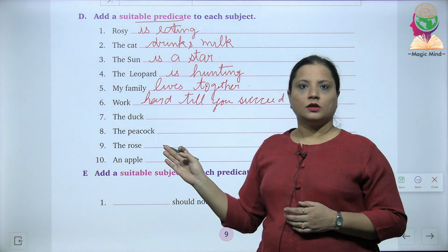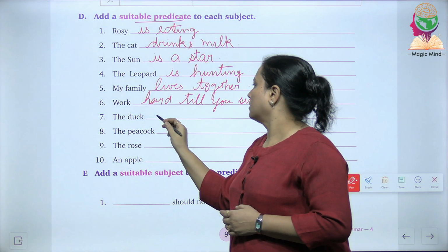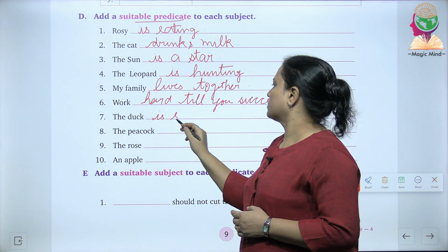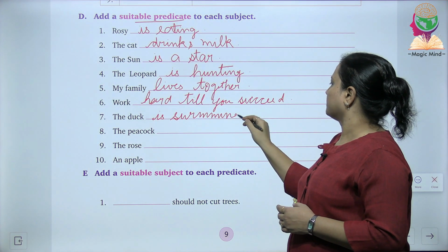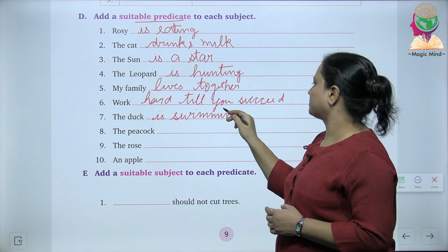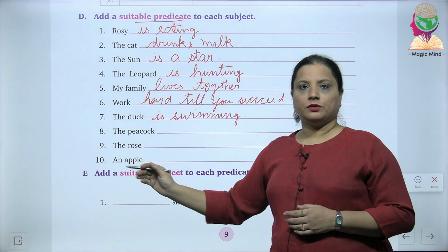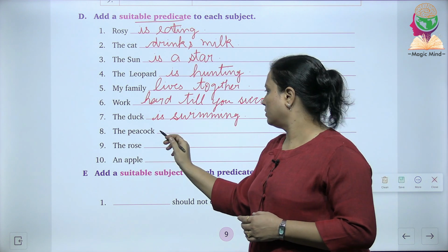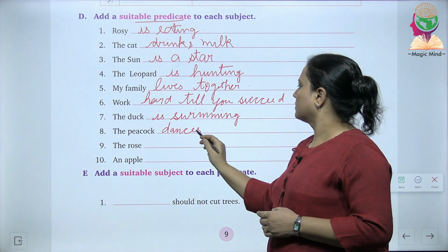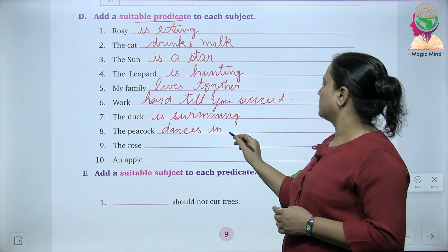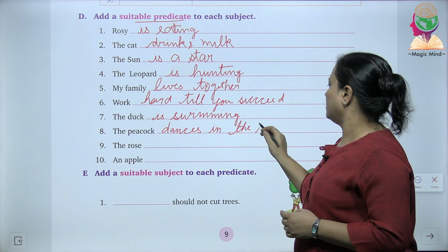Then number 7, the duck is swimming. Full stop. The 8th, the peacock dances in the rain.